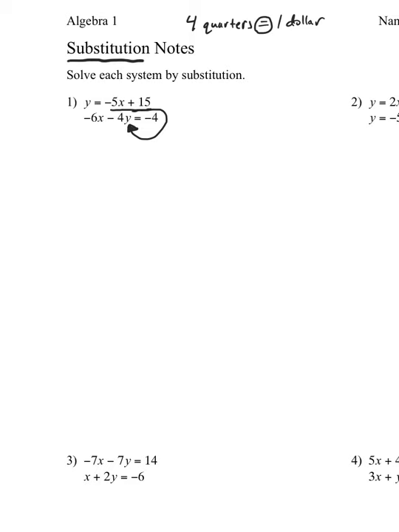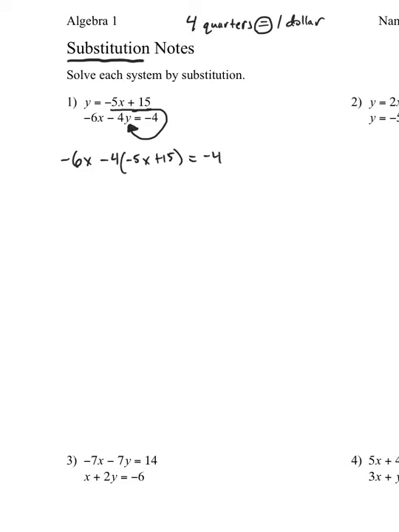So in this bottom equation, negative 4y minus 6x equals negative 4, I'm taking the y out and substituting what y is equal to. Anytime we substitute, guys, I'm using parentheses. So instead of y, I put in parentheses what y was equal to, negative 5x plus 15. And then I write the rest of the equation, equals negative 4.